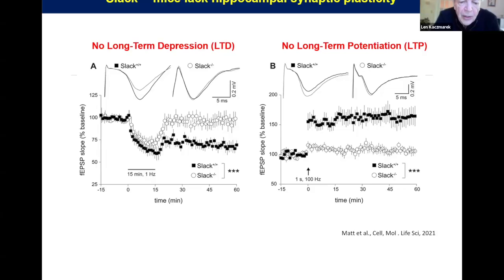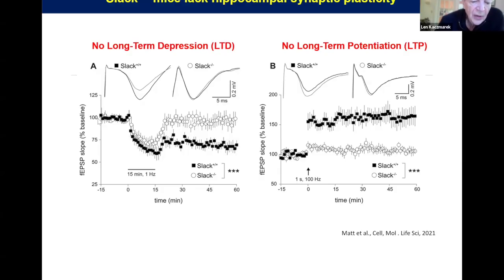The two major forms of synaptic plasticity that people have used as proxies for what it takes to learn something are long-term depression and long-term potentiation, usually in the hippocampus, but you can study this in other regions of the brain.